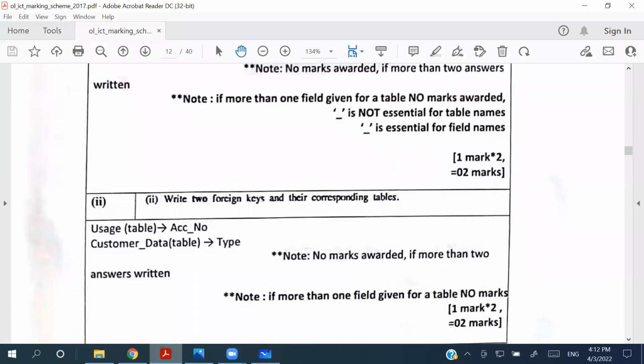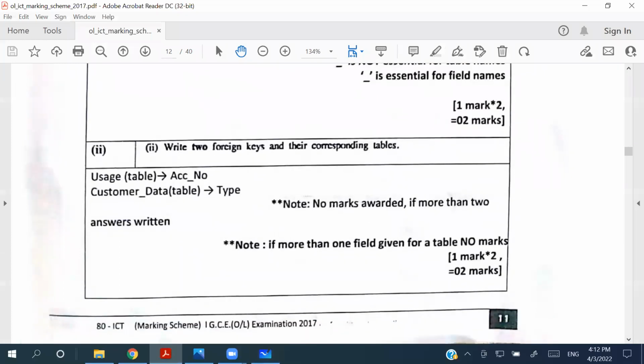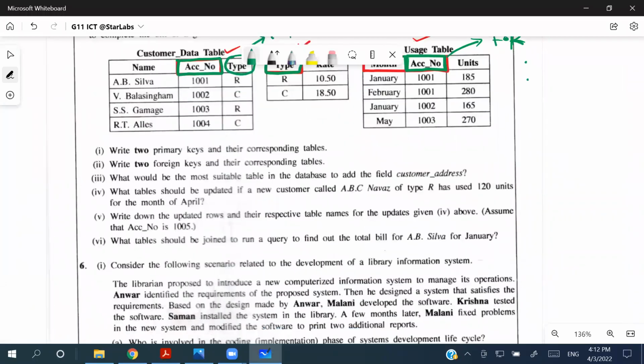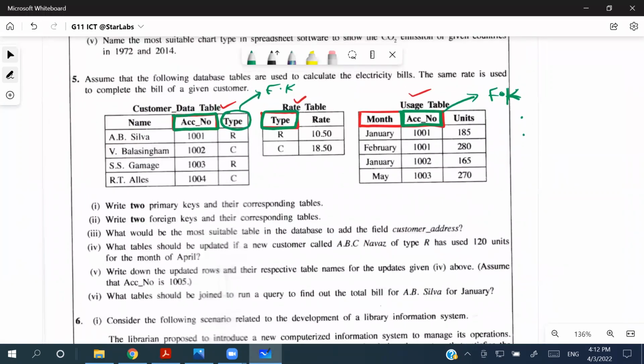Right, so regarding the foreign keys, usage tables, account number, customer data table, the type. Again, 2 marks are given for that. And then it is asking, what would be the most suitable table in the database to add the field customer address?